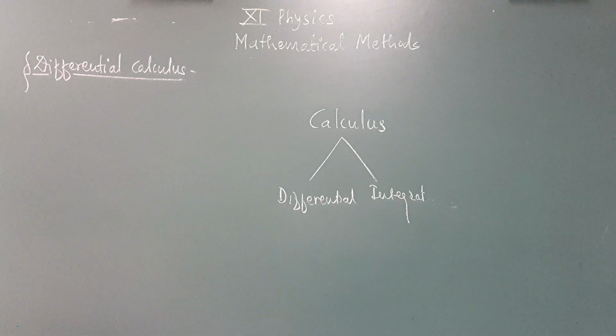Means here speed is totally dependent on what? Totally dependent on the time, or simply the speed is a function of time. Here the speed changes, there is a change in a mathematical quantity. Here the mathematical quantity is speed. The changes in a mathematical quantity are studied in one branch, and that branch is called calculus.